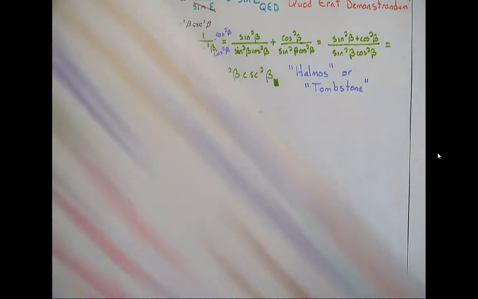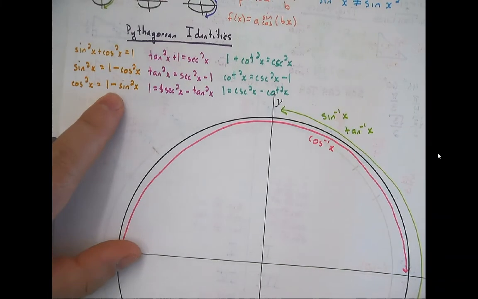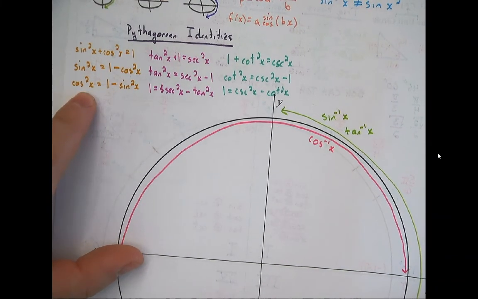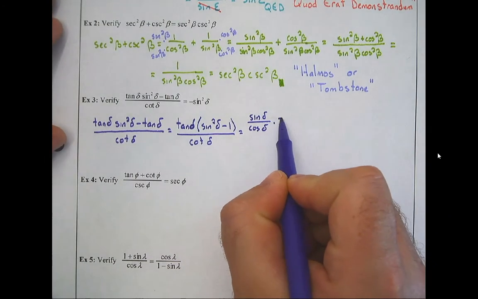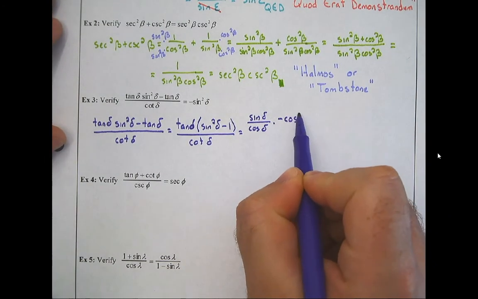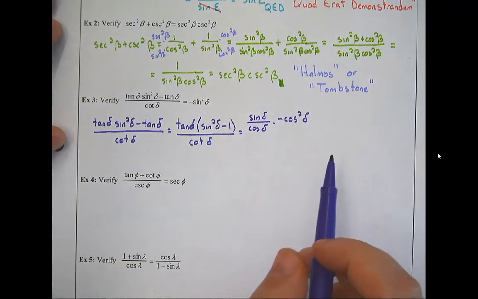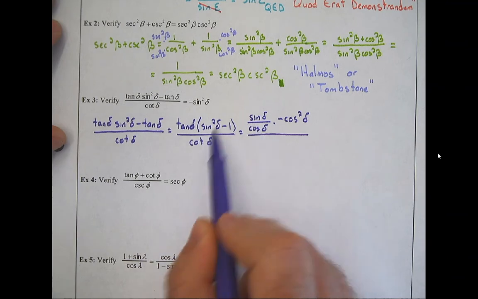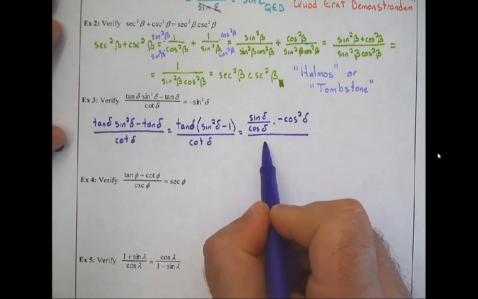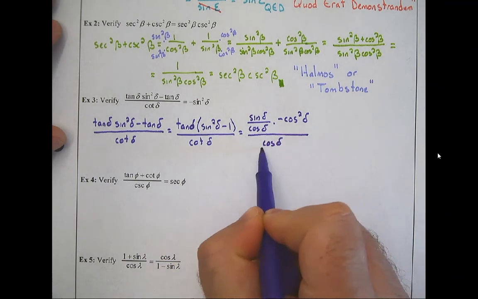If I look it up, it's supposed to be 1 minus sine squared. So all that does is mean it's going to be the opposite of what it normally is. So this is going to be the opposite of cosine squared delta over, and then cotangent is the reciprocal of tangent. So sine over cosine becomes cosine over sine.